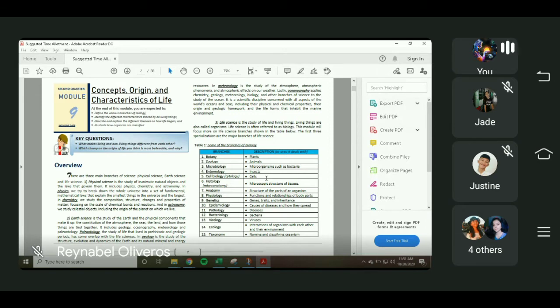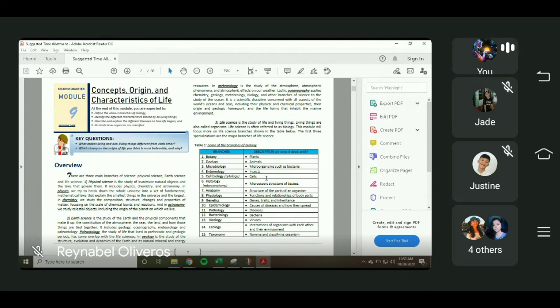Usually, it focuses on the scale of chemical bonds and their different reactions. Astronomy is used to study celestial objects, including the origin of the planet on which we live.